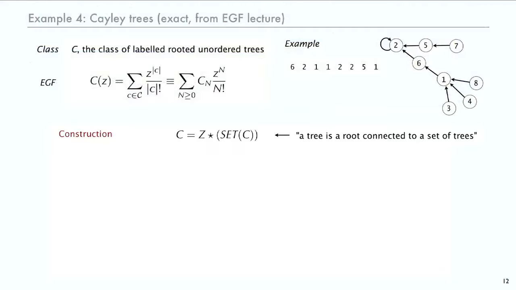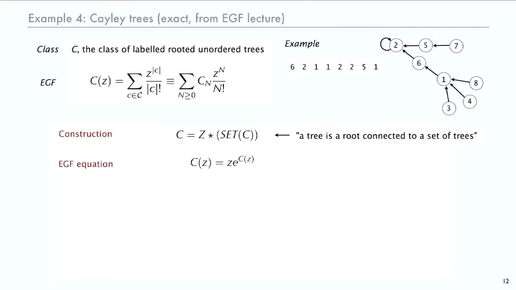A Cayley tree is a root connected to a set of trees, and for the labeled structures, the transfer from the construction into the generating function equation is for exponential generating functions, and set means take e to the power, so we get C(z) = z e^{C(z)}.